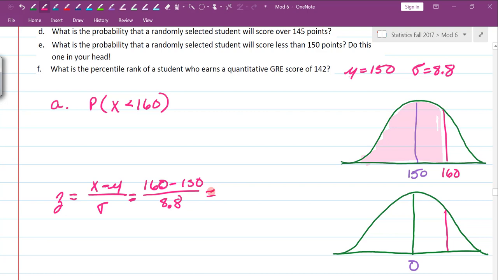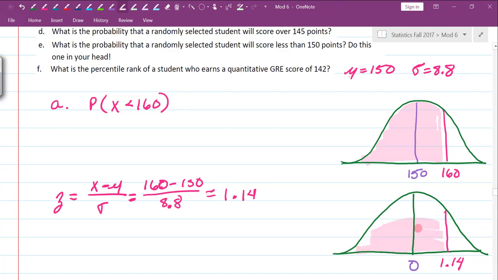Okay, so we're going to do 160 minus 150 divided by 8.8, and that is equal to 1.136. The 6 is going to round the 3 to a 4. So my z-score is 1.14. And then we're going to shade the area so it's just like the picture above it.